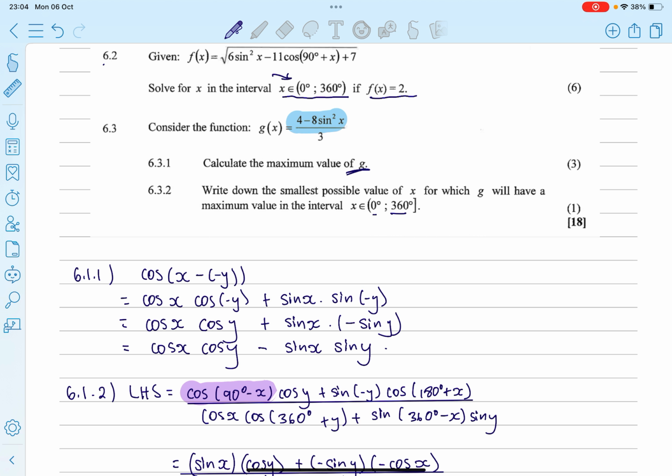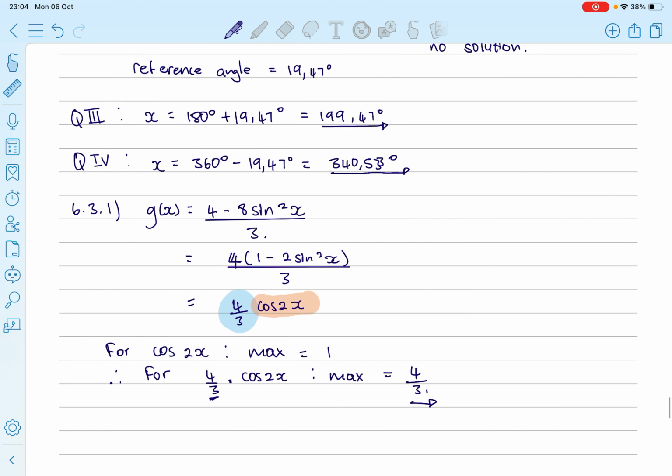But we have to be very, very careful. And that is because here we've got a curved bracket. That means we cannot include the 0, but the square bracket means we can include the 360. So let's see.